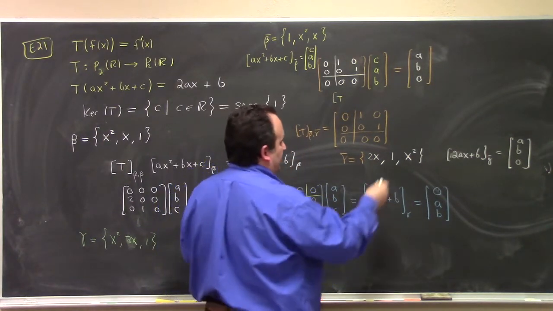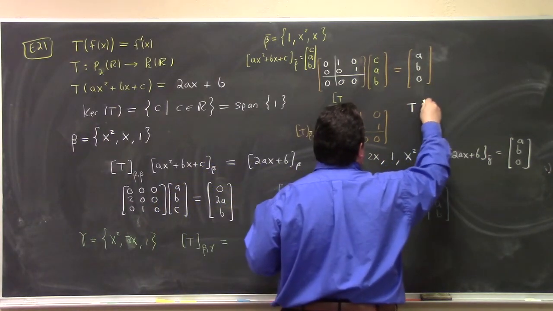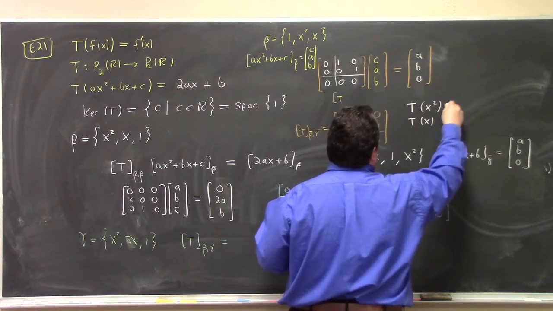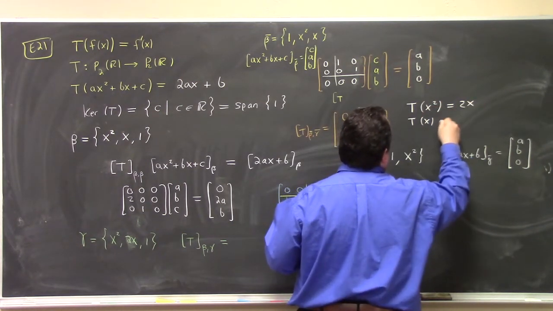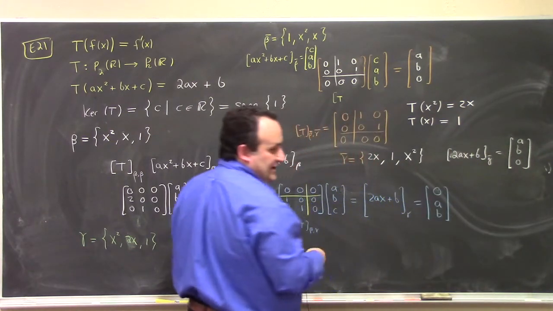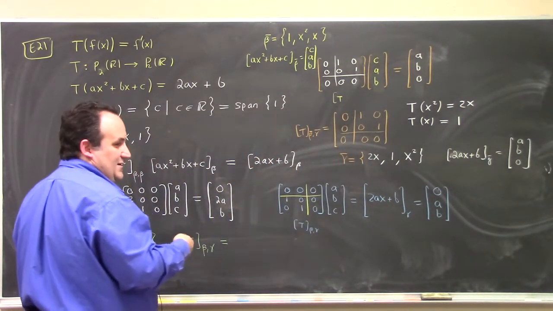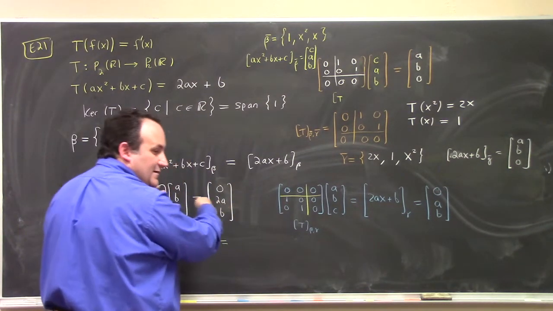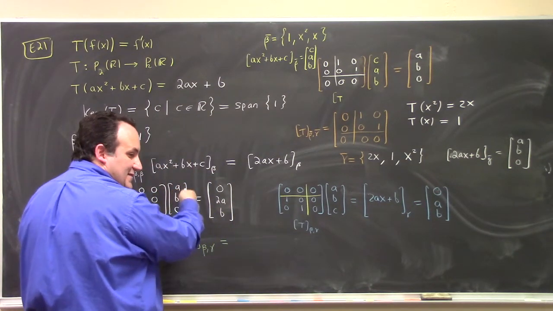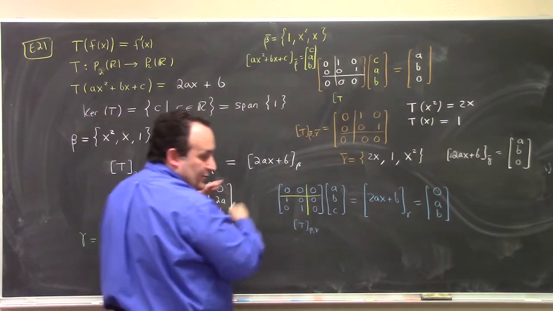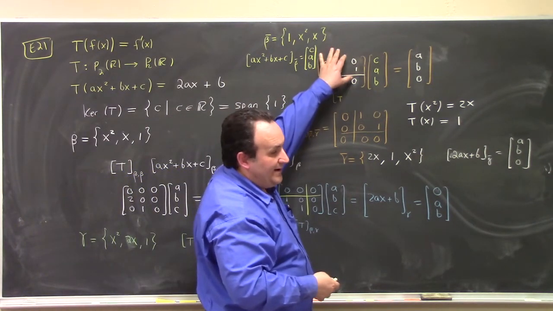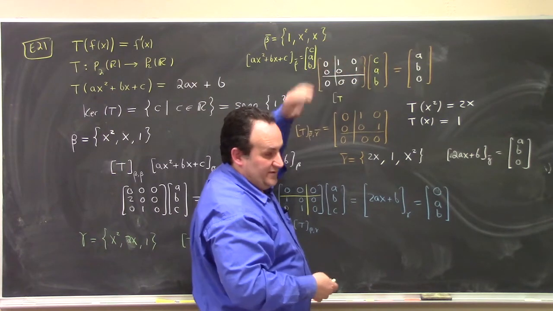If you check it out, what we're really doing is we're using T of x squared and T of x. This is 2x, this is 1. It's not an accident. That's the basis that you need. That theoretical basis we were dealing with, the gamma thing, is exactly the basis which will give you, if you order it in the right way, a copy of the identity, a rank by rank identity matrix, padded with zeros.